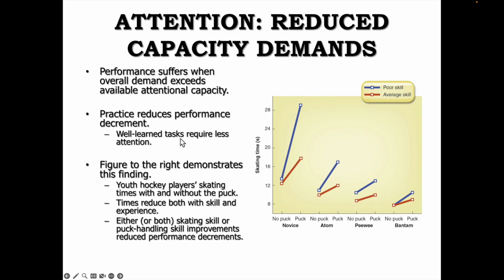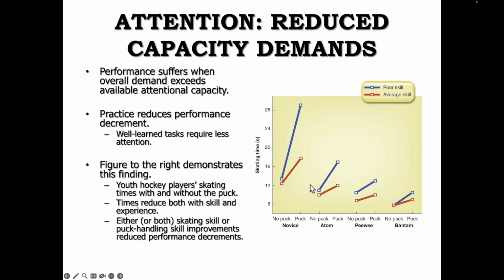Meaning that if I learn a task very well, I don't need to spend nearly as much attention on that particular skill. So less attention on a particular skill means I have more attention available to focus on other things. And this diagram to the right demonstrates this finding. On the y-axis, we're looking at skating time. On the bottom, we're looking at 4 different levels of hockey players, going from very young to higher levels of hockey.